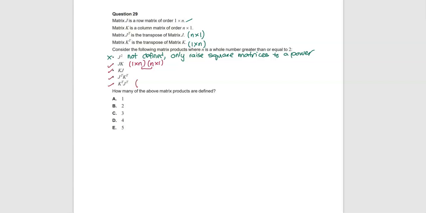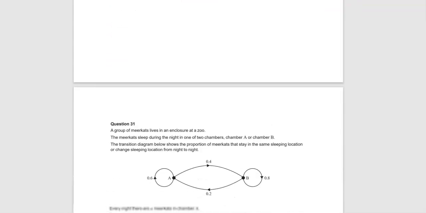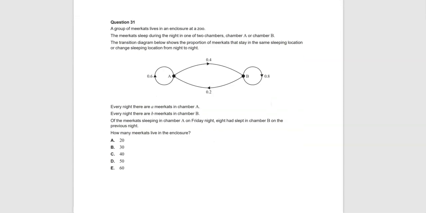If I do K transpose, that's a 1 by n, and J transpose is an n by 1. Yep, they're the same, so it's okay. So it ends up being the 4 there. Let's just remember that square matrices are the only ones that can have a power.